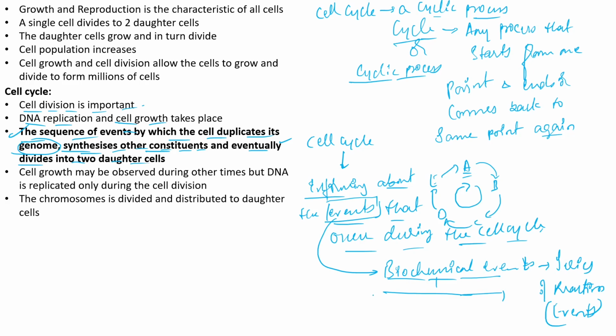So the three important events in this biochemical process are DNA duplication or DNA replication, growth, which is synthesizing the other nutrients for cell division, and finally the cell division itself.